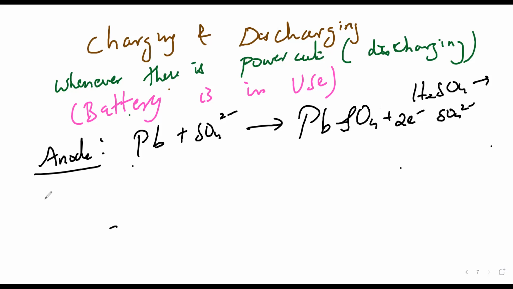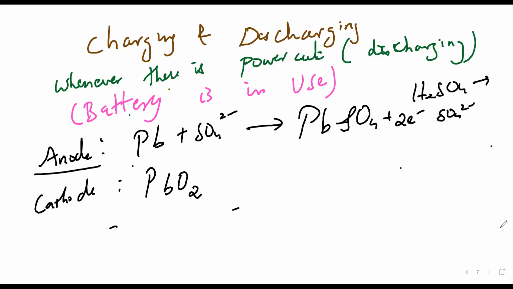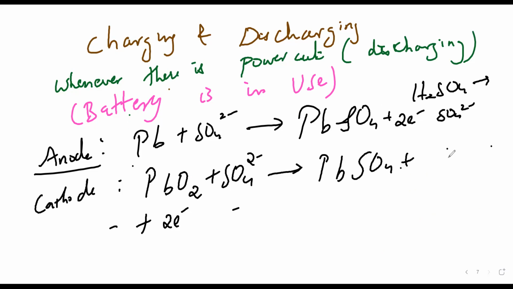And at the cathode, which takes these electrons, lead dioxide, PbO2, forms the cathode. With the electrolyte SO4²⁻, and I forgot to add the electrons, it gives lead sulfate and water. To balance the reaction, I'll add 4H⁺.